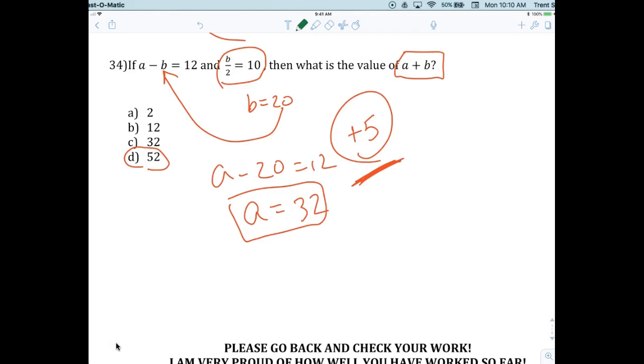Does everybody agree B is 20? So if B is 20, that makes A what? Those of us who just put 32 down didn't answer the question. My answer choice was, guess what? C. Because I didn't read the question. The question is, what's A plus B? So the correct answer is what?